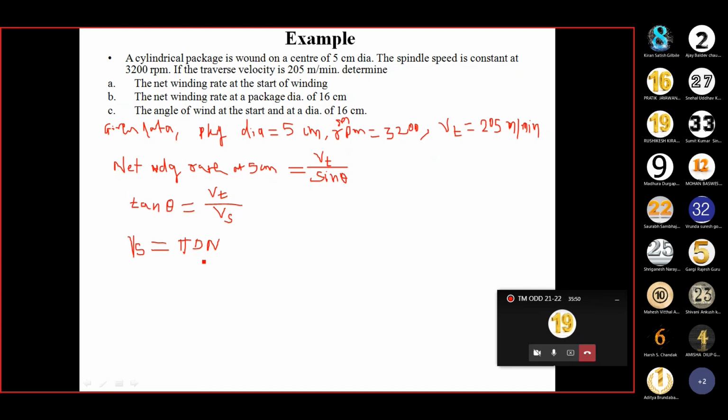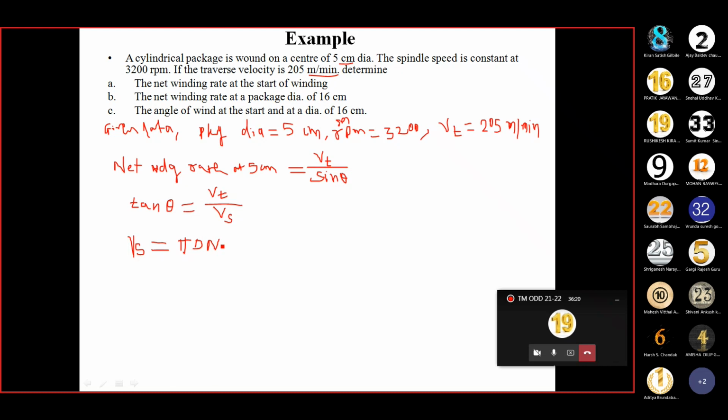Right. Now, if you see this formula, do we have all the things to calculate the Vs? Pi, yes, it is constant. Diameter of package, yes, it has been given, 5 centimeter. Right. We just have to convert it into meters because traverse velocity is in meters per minute. So I need to convert this into meters. So that is fine. Then this n we have to calculate.